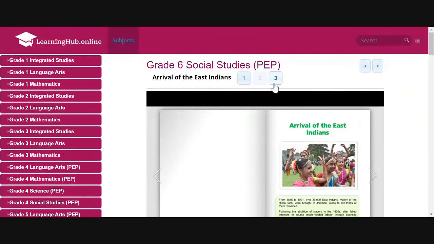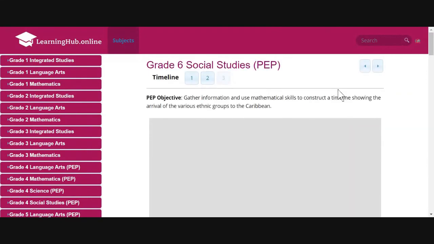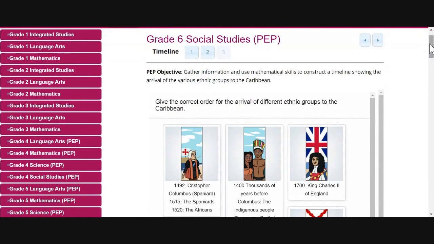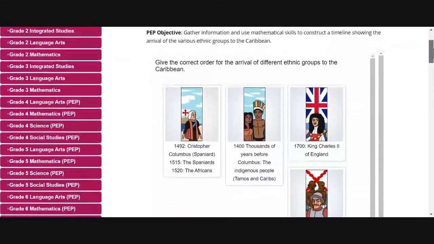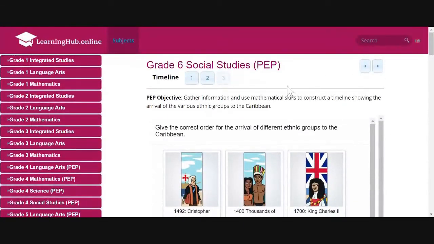And then, of course, you have the timeline. This is something that the Ministry of Education's curriculum wants you to do. You should be able to do a timeline diagram showing the arrival of the various ethnic groups.